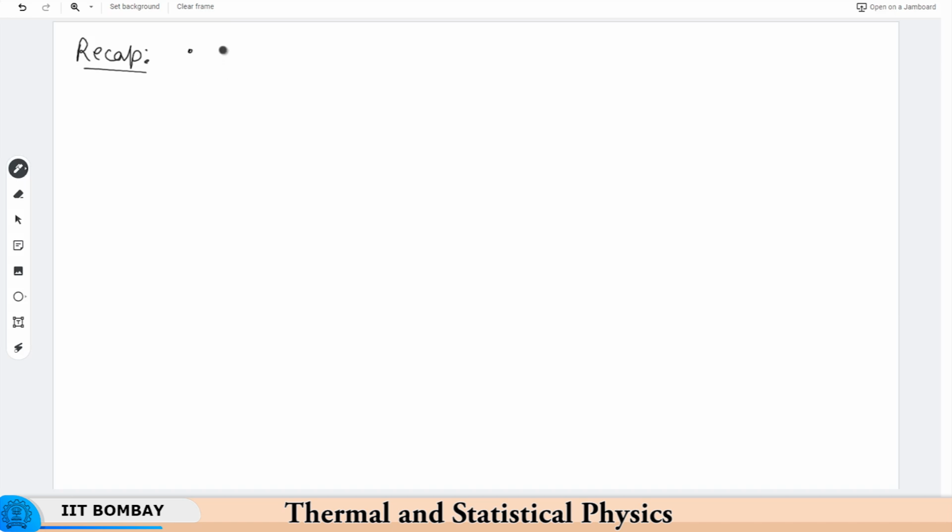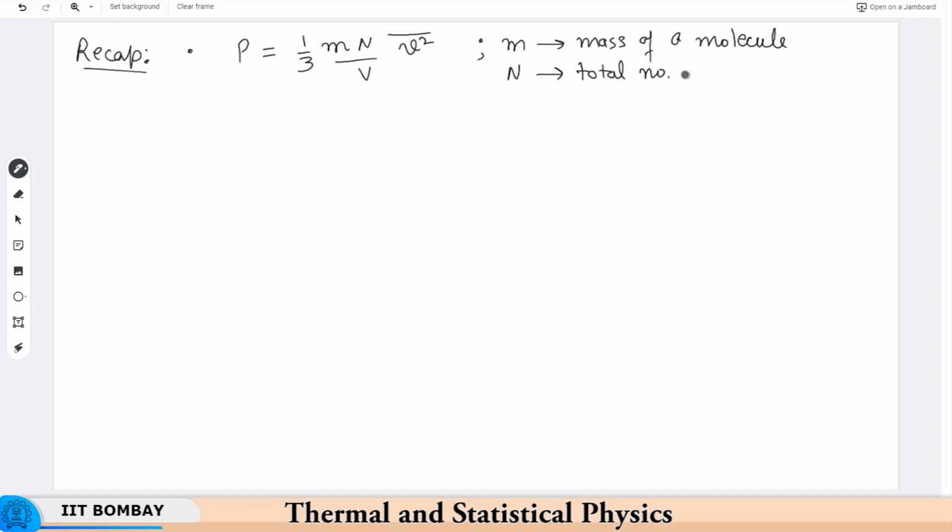And the last time we obtained an expression which is something like this. Pressure equals 1 by 3 m N by V times v squared average, where m was the mass of a molecule, capital N was the total number of molecules, and capital V was the volume of the container.